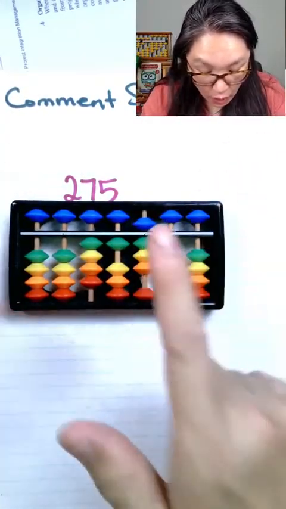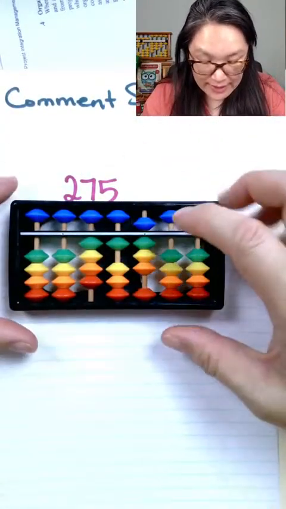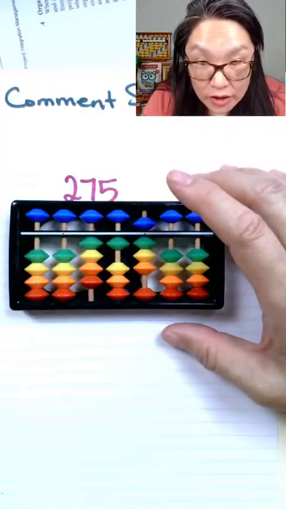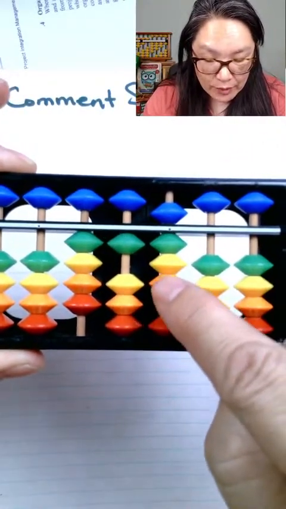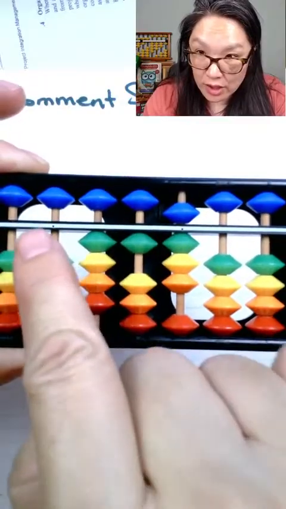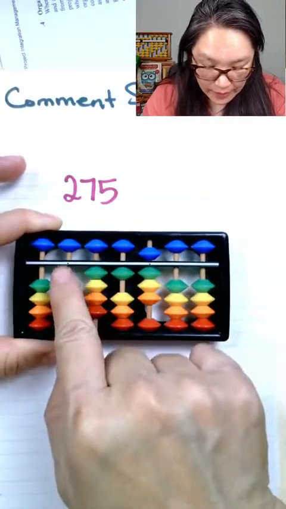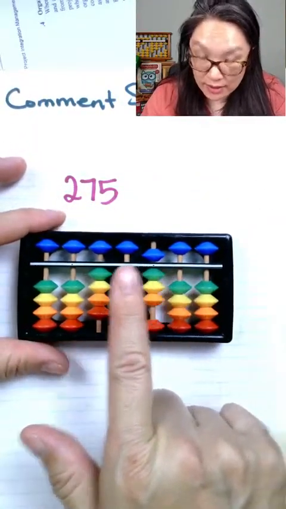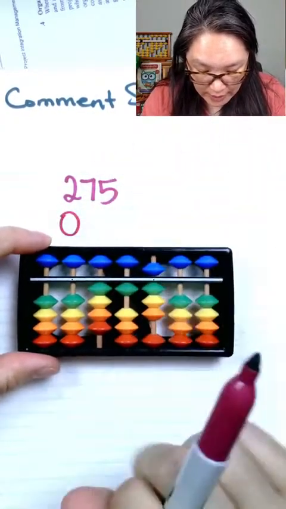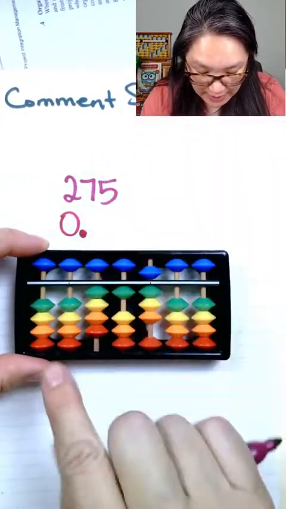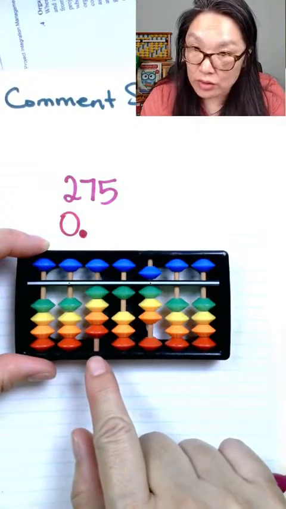So the next thing is, well, what if I decide to put my ones over here? So if this is my ones, this will be in the decimal places. So what does that mean? Well, this will be 0. And then my decimal place, if you notice, sits between these two columns.